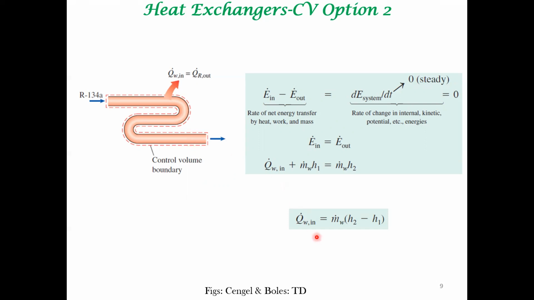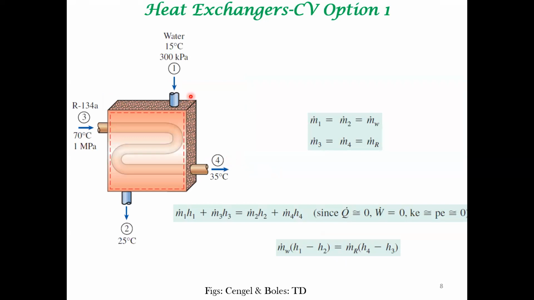So if you think about what is the heat transferred from the refrigerant, that can be obtained by the mass flow rate of the refrigerant. See, this is water, and this is the refrigerant that is being cooled, right?